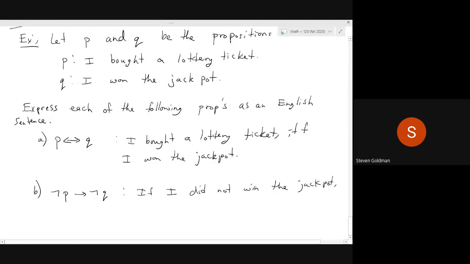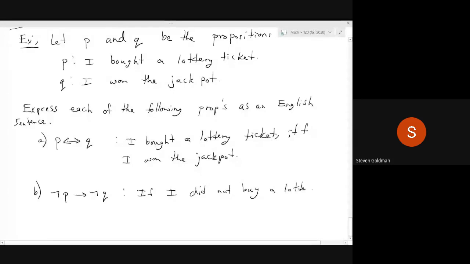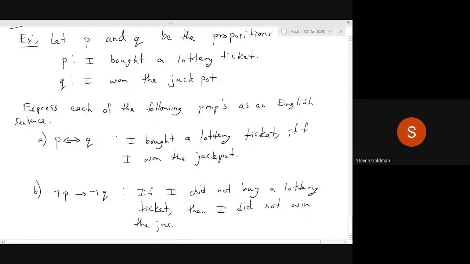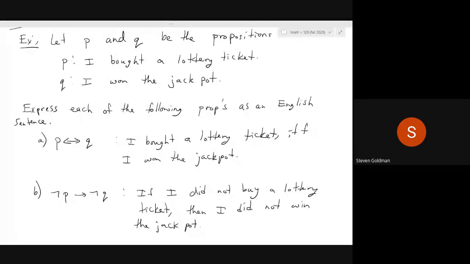Excuse me, if I did not buy a lottery ticket, my apologies, then I did not win the jackpot. And we can combine these in several different ways.